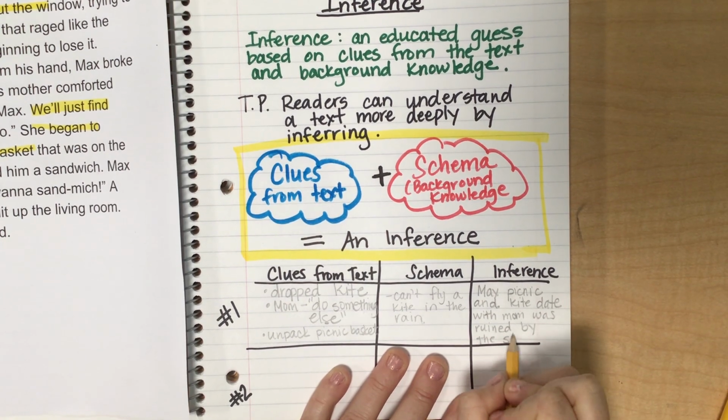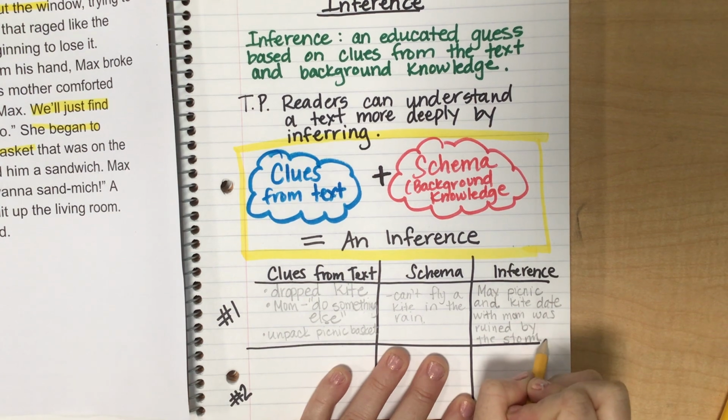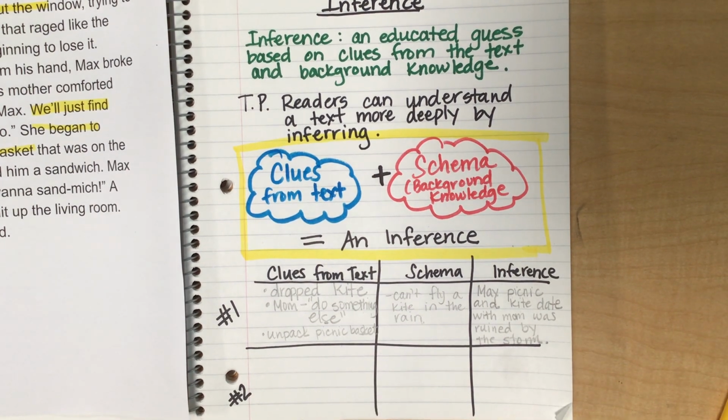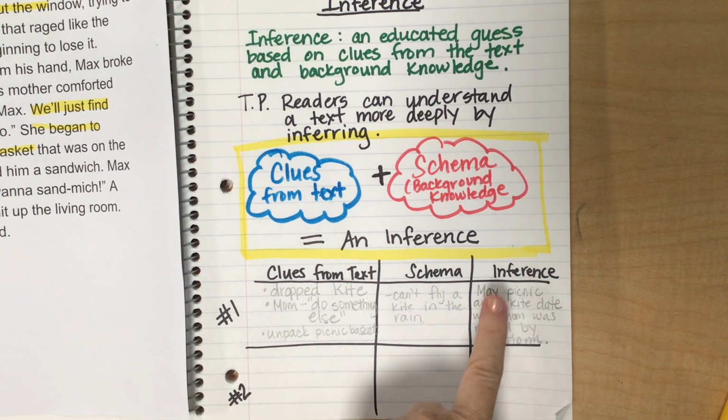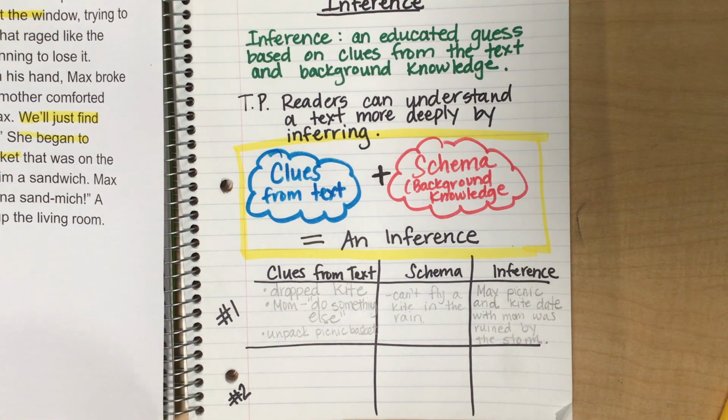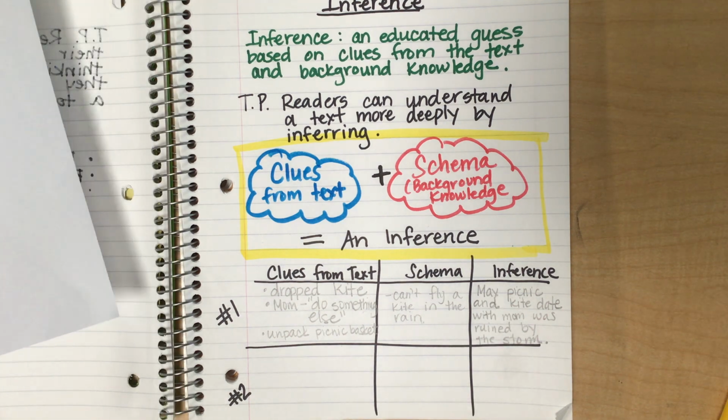the storm. Now, what's so neat about inference is the author never said Max was really disappointed because his picnic and kite date was ruined. We had to make an educated guess, right?